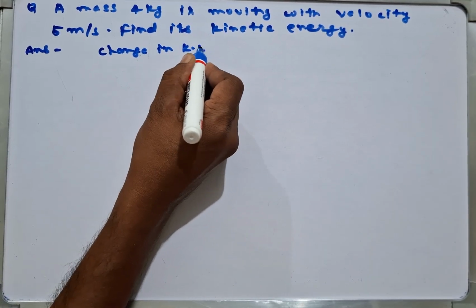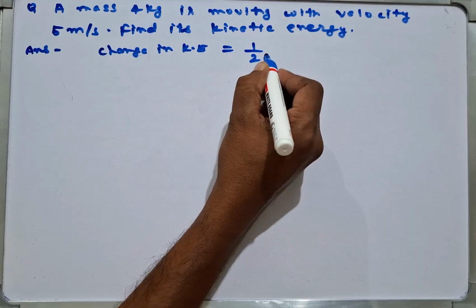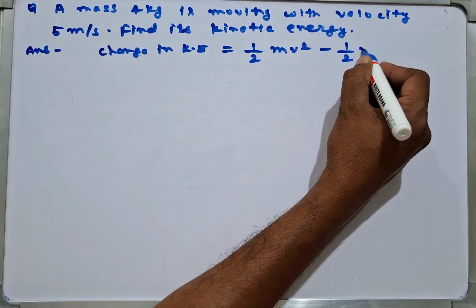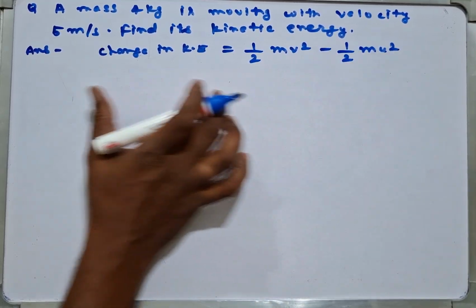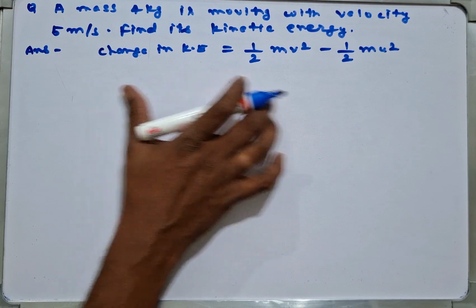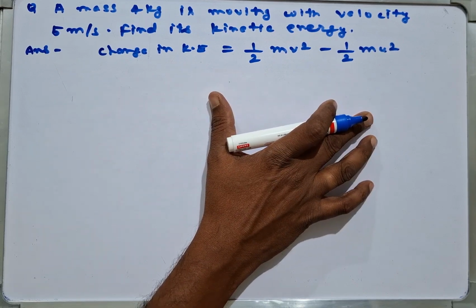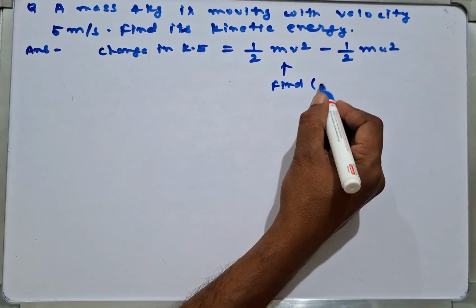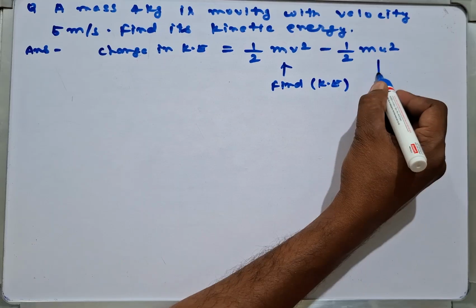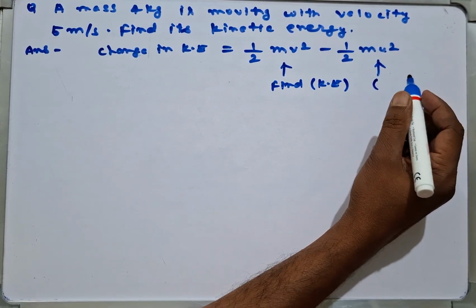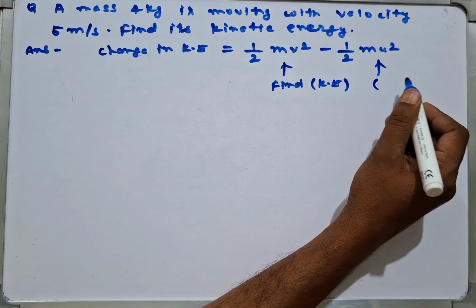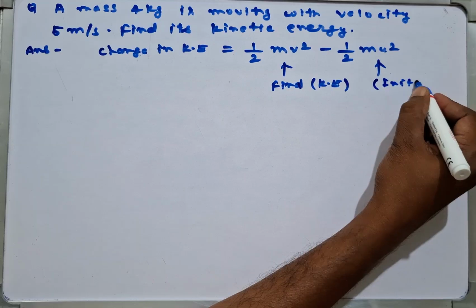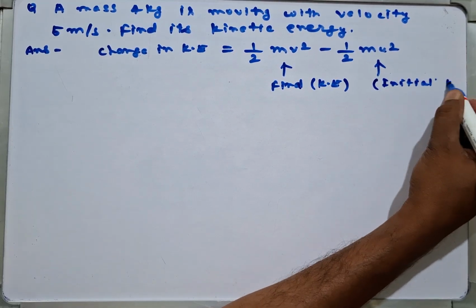Okay, so answer, guys, here you have seen the change in kinetic energy equal to 1 by 2 mv square minus 1 by 2 mu square. Okay, so here kinetic energy is being changed. This one is the final kinetic energy and this one is the initial kinetic energy.